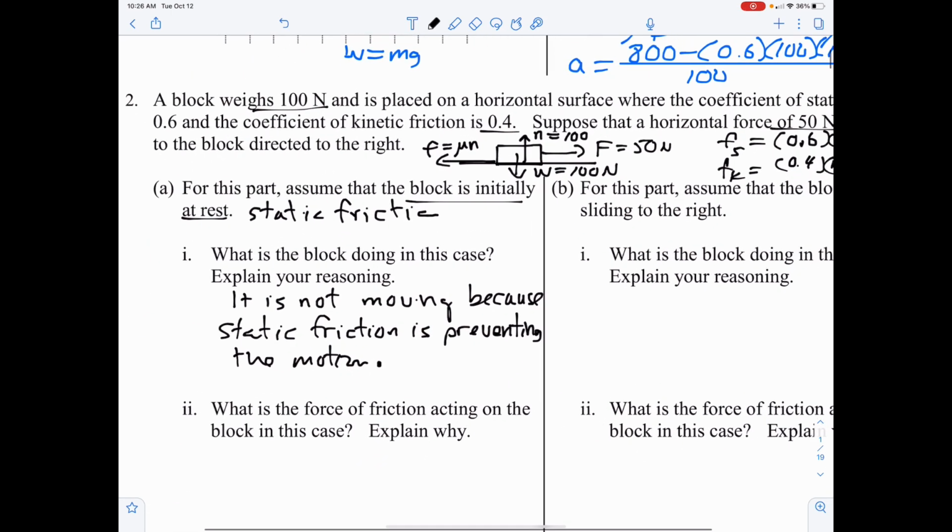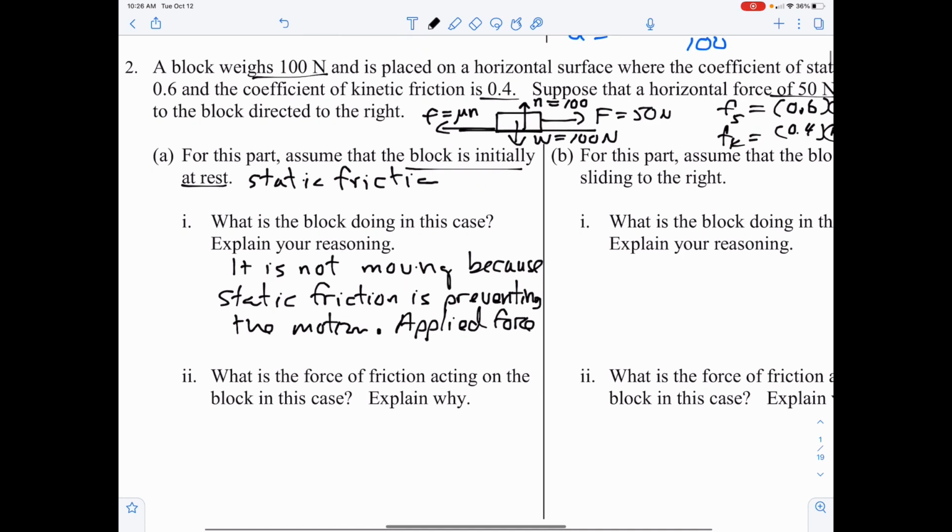Well, the applied force is 50, and static friction... well, actually, that's for the next part, so let me go ahead and erase that.